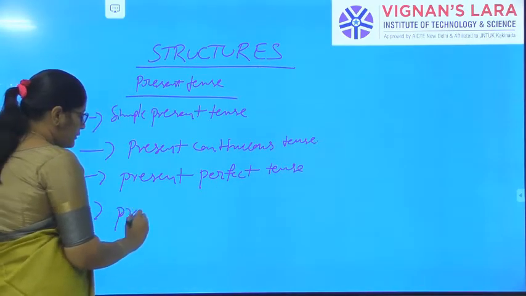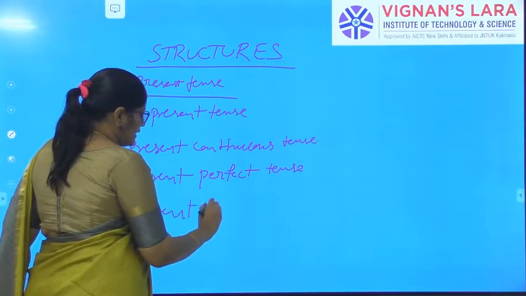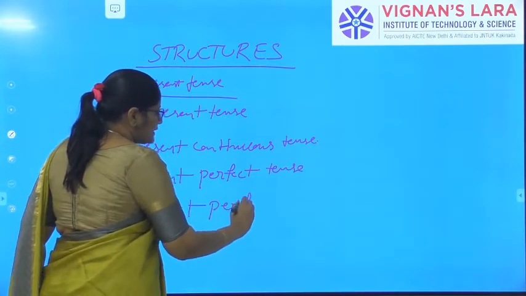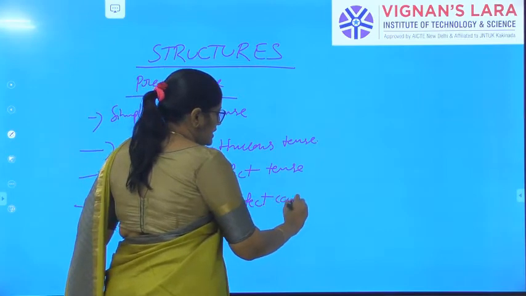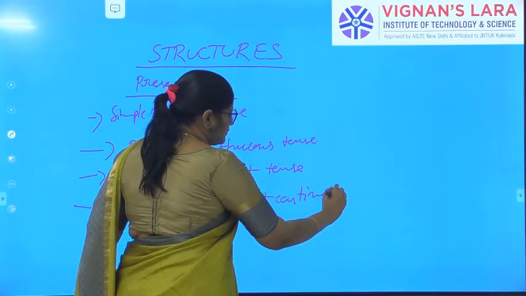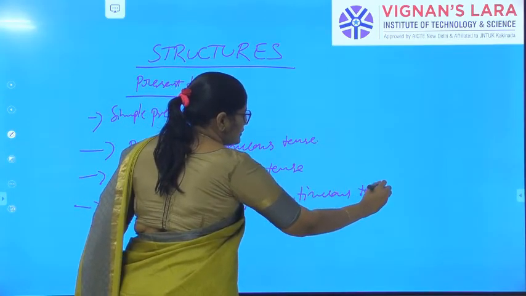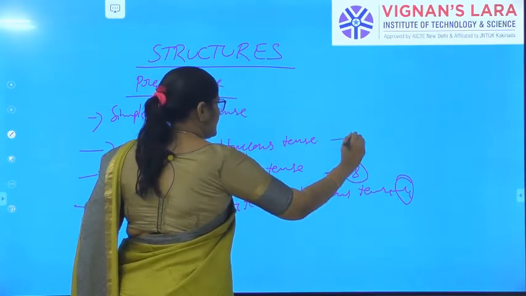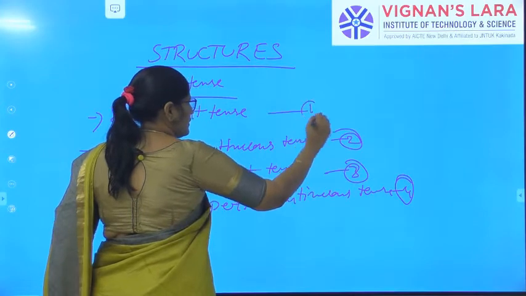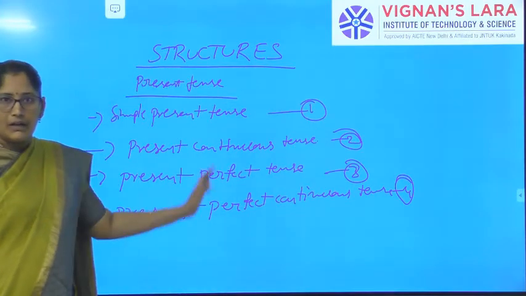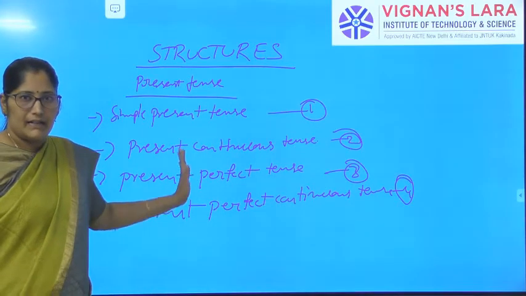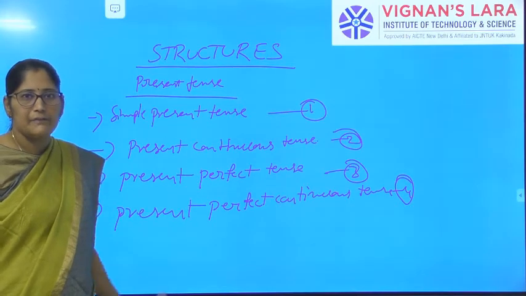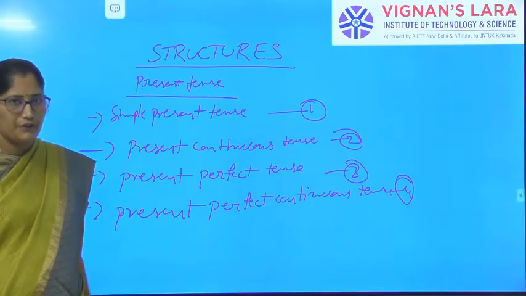Fourth one, present perfect continuous tense. So altogether it would be 4. The present tense is divided into 4 types, and for these 4 types, we need to find the structure for each.